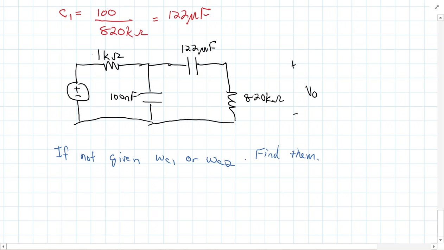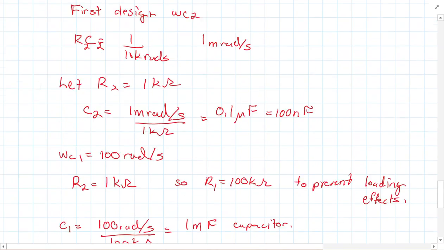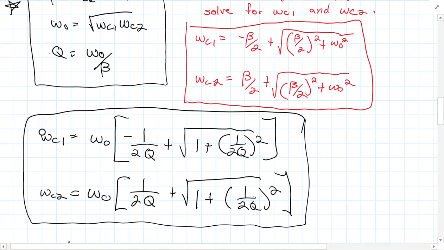Because remember, if we were told that the quality factor had to be Q1, and that my bandwidth was B1, we can still find omega C1 and omega C2 from these equations.